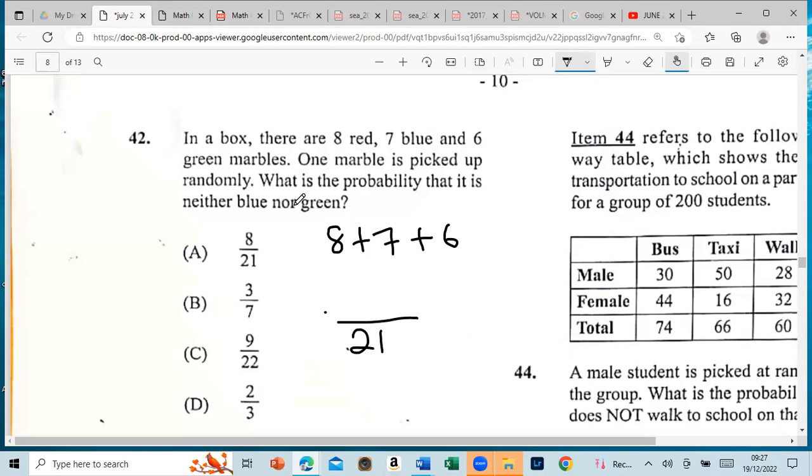Now we say neither a blue or a green. So blue is 7 and green is 6. So if it's neither blue or green, that means it's red. So it's 8 over 21. Now let's move on.